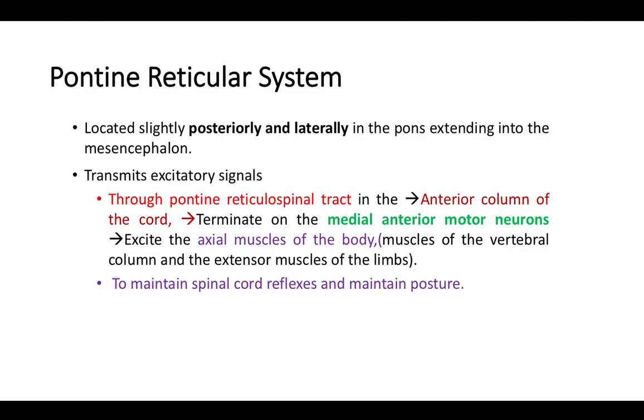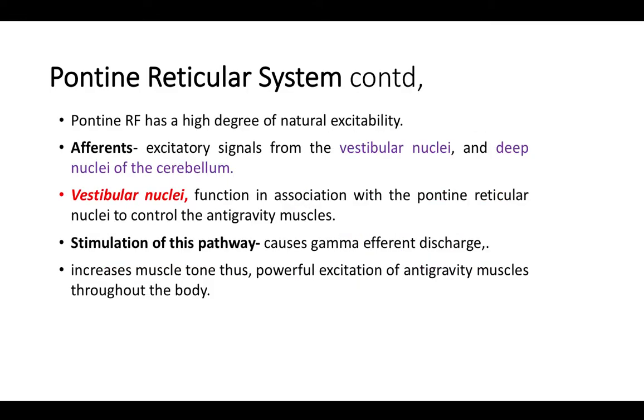Once again, pontine reticular fibers travel through the pontine reticulospinal tract, which runs in the anterior column of the spinal cord, terminates on the anterior motor neurons and excites the axial muscles of the body. Thereby it maintains the spinal cord reflexes and maintains posture against gravity.